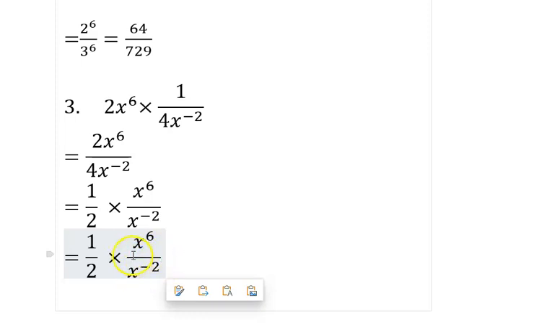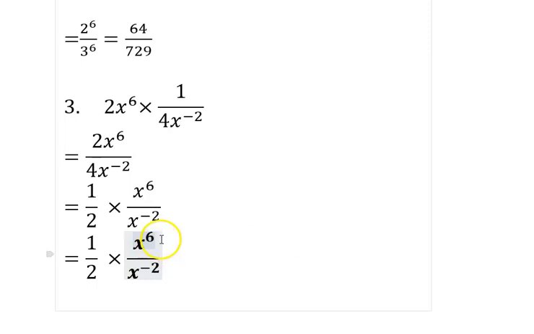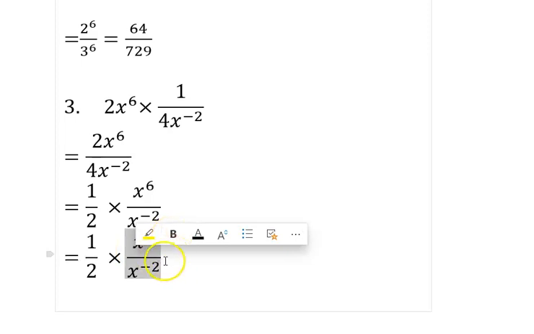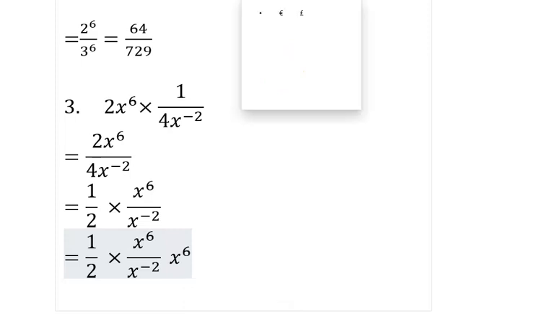Okay, don't get confused. This s raised to power 6 is still the same thing as s raised to power 6 divided by s raised to power minus 2. Let me put it out here so that you will not get confused.